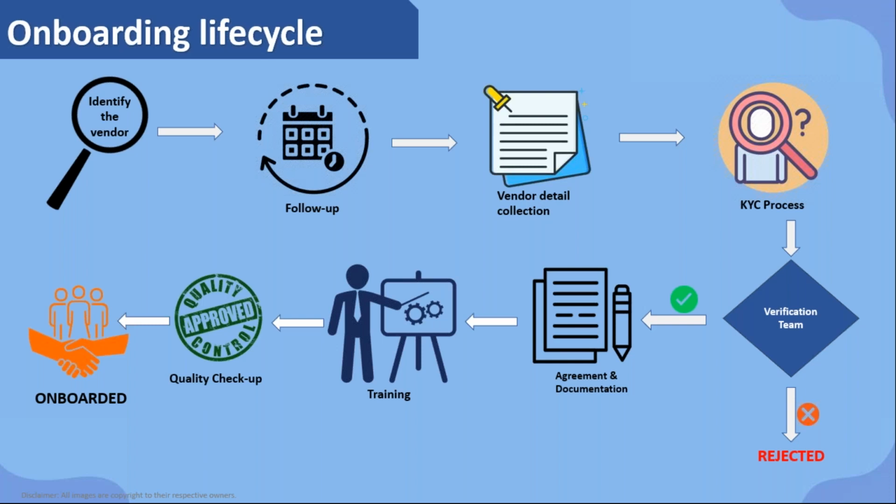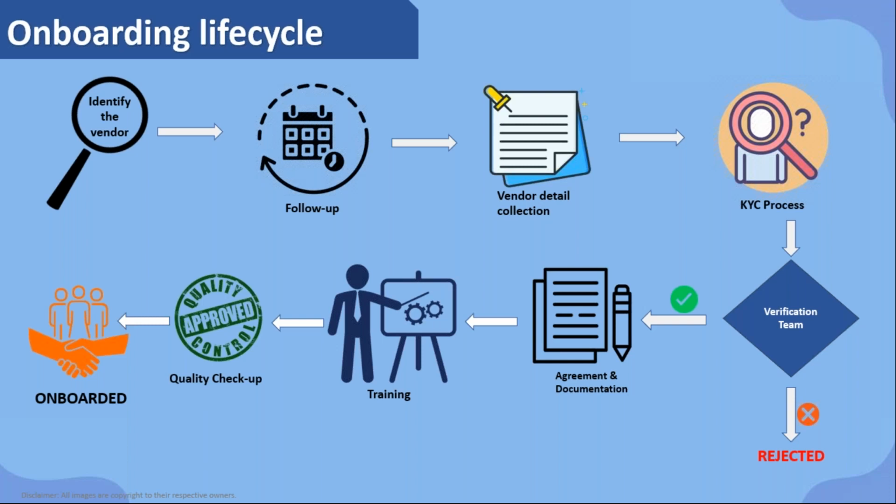Now the next step is you will collect the KYC documents. In case of B2B, like a partner, you'll collect a different set of documents, like the corporation certificate and GSTN number. And in case of an agent, you'll collect KYC documents, Aadhaar card, PAN card, or national ID, whatever you have. So that is the KYC process.